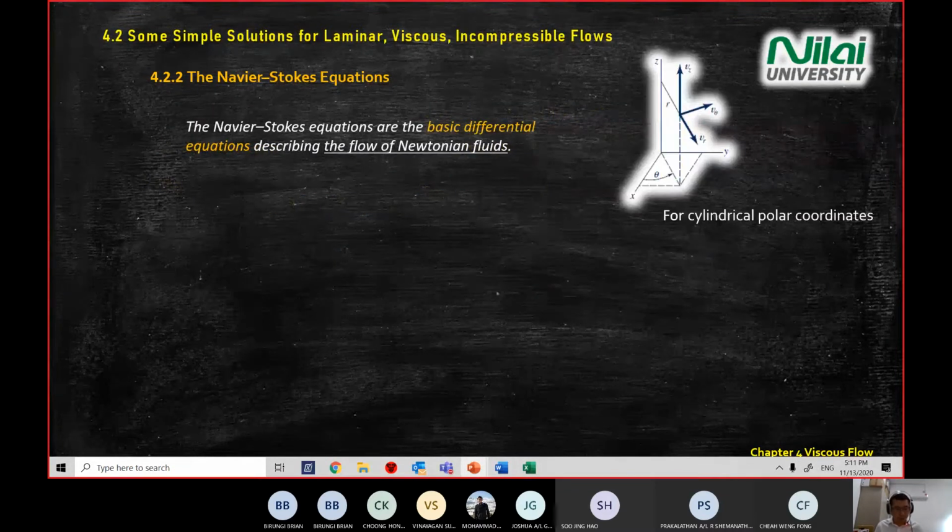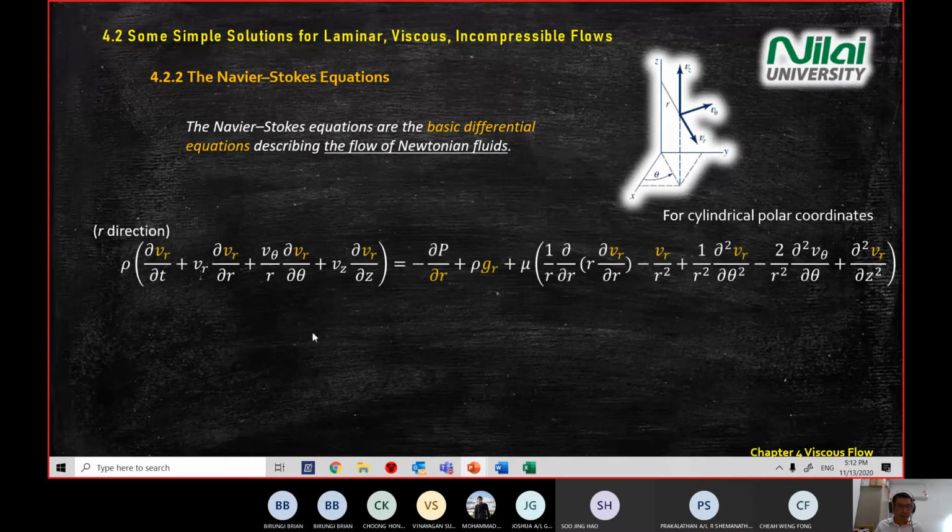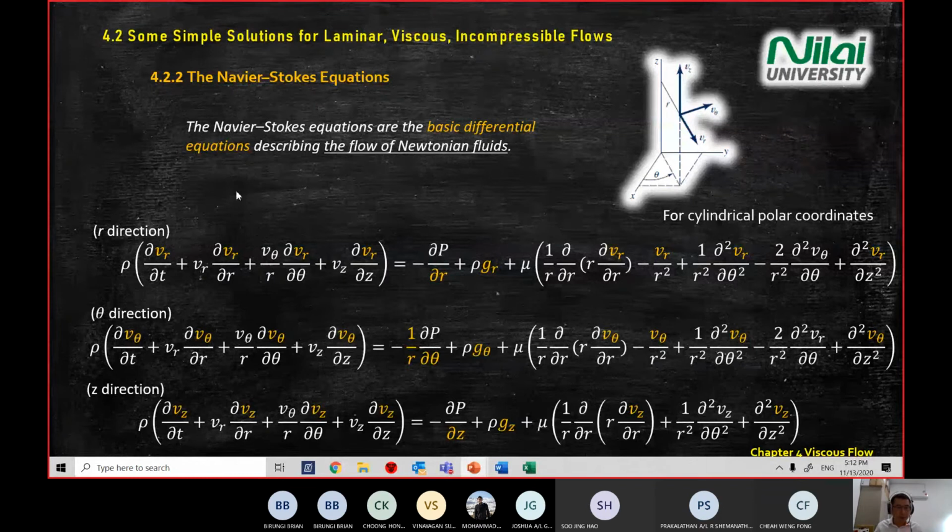Then in your question number 10 and number 9, you still see some equations, and this one is in the r and theta radial coordinate components. You're still seeing these three in the handout also.